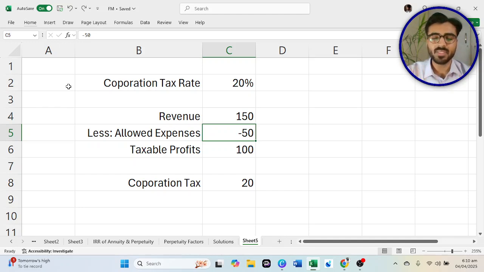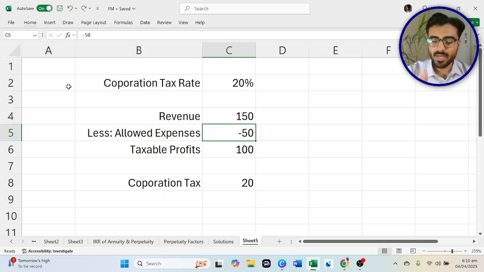So that is why they facilitate investments in new projects. Whenever the business is investing in a new project, the taxation authority says that if you are going to invest in this project, then I am going to allow you another expense to be deducted from revenue, which will of course reduce the taxable profit and hence result in reduced corporation tax.